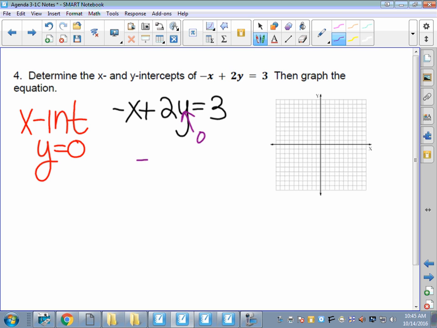So if that's 0, would you agree that I still have negative x equals 3? Have I ever cared what negative x is equal to? How do I make it a positive x? Divide both sides by -1 because the negatives cancel out, and my x-intercept is at -3.